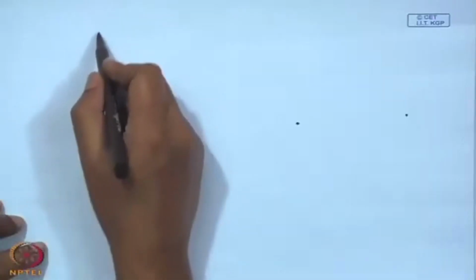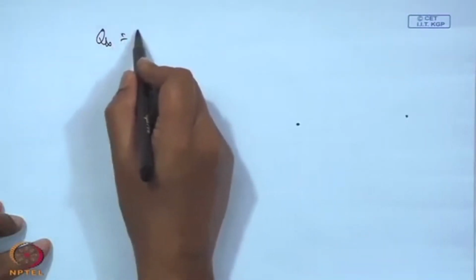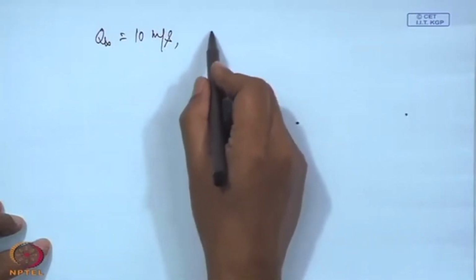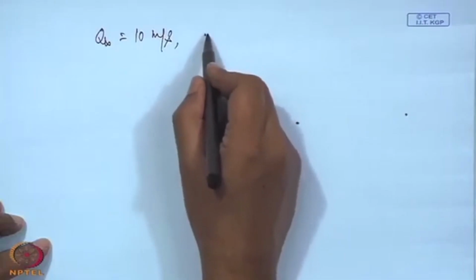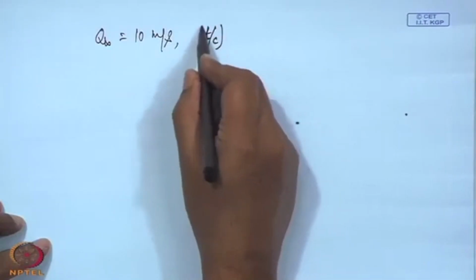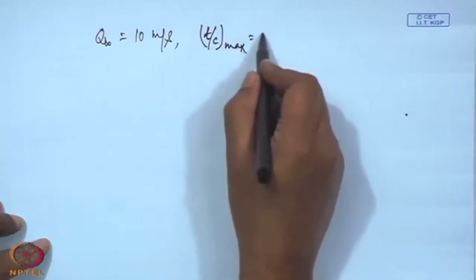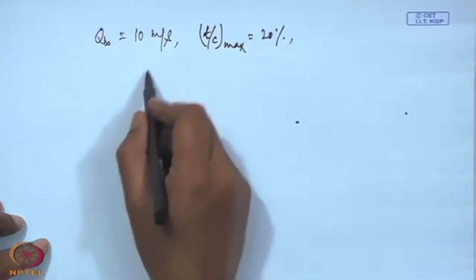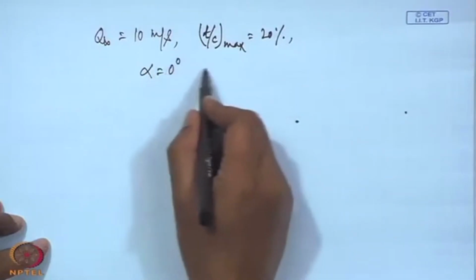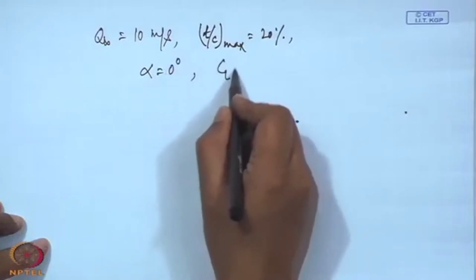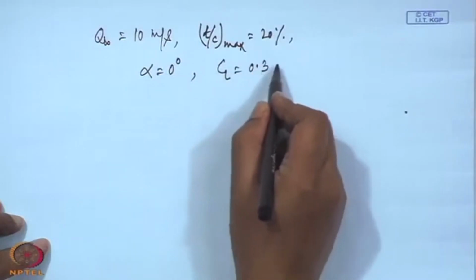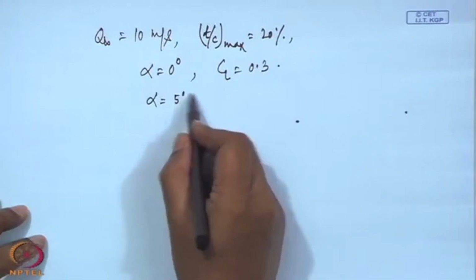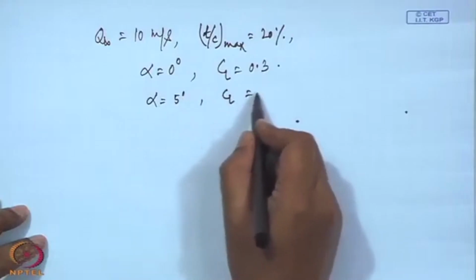So, we have let us say q infinity equal to 10 meter per second, T by C max equal to 20%, alpha equal to 0° corresponds to CL equal to 0.3. You have to find when alpha equal to 5°, how much is CL.